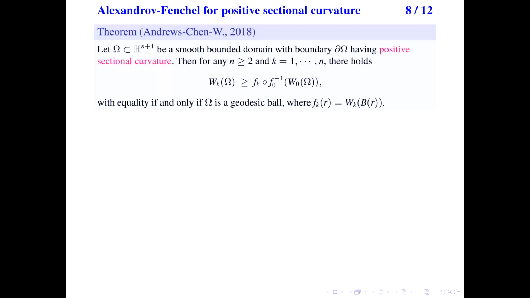Now in the remaining time of this part, we discuss the result for hypersurfaces with positive sectional curvature. The theorem is: suppose we have a domain Omega which is smooth and bounded and its boundary has positive sectional curvature. Then we can compare the W_k of Omega with W_0 of Omega.